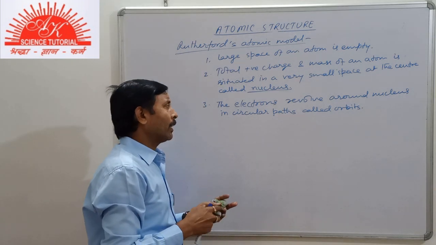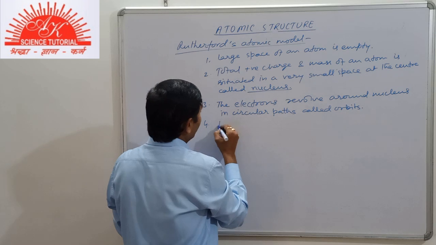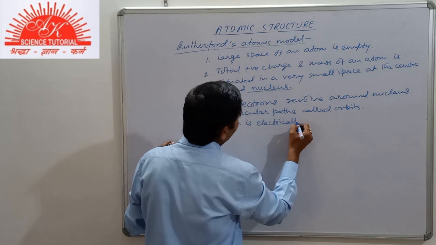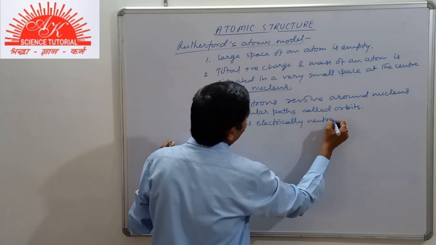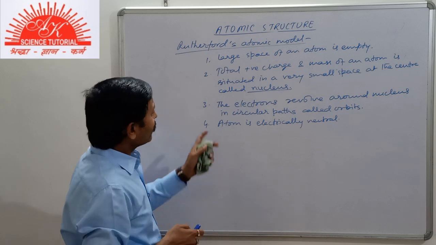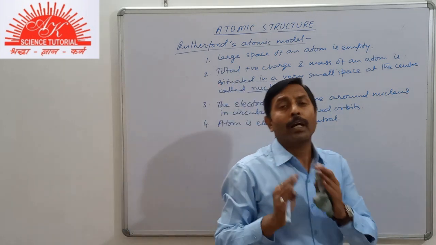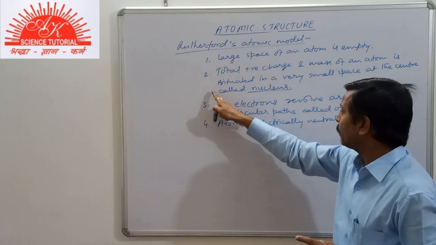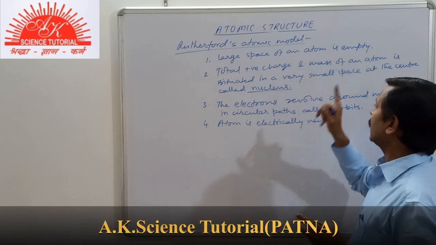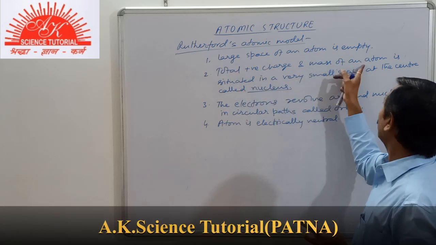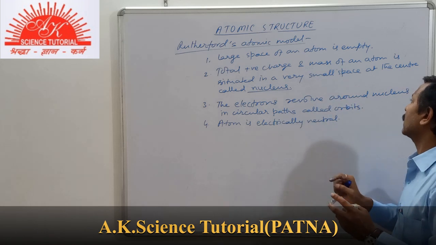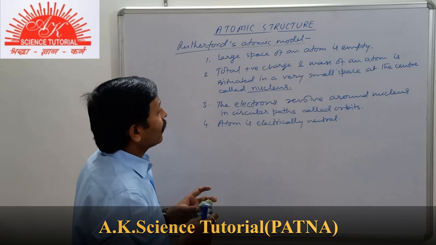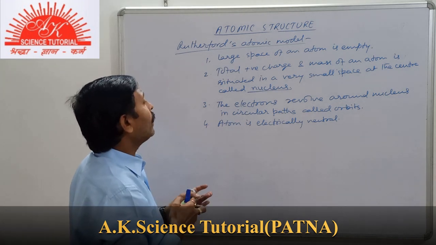Next point, he told that the atom is electrically neutral. So these were some of the main points of Rutherford's atomic model. The basic ones are these three points: the large space of an atom is empty; total positive charge and mass of an atom is situated in a very small space at the center called the nucleus; and electrons revolve around the nucleus in circular paths called orbits.